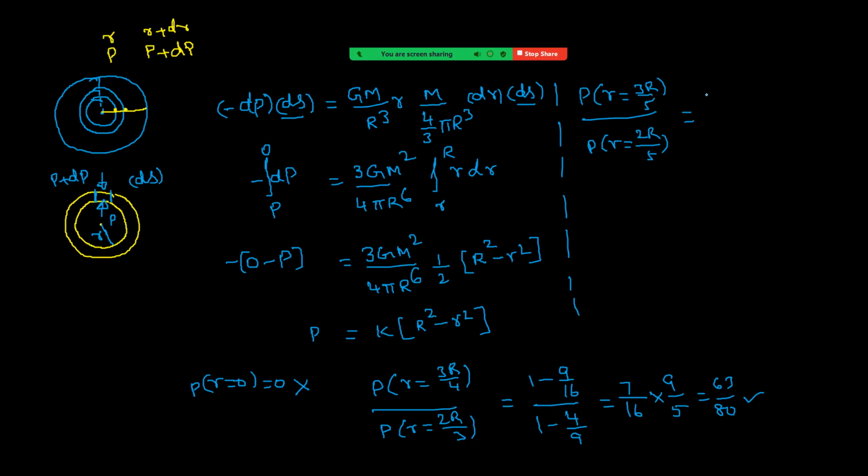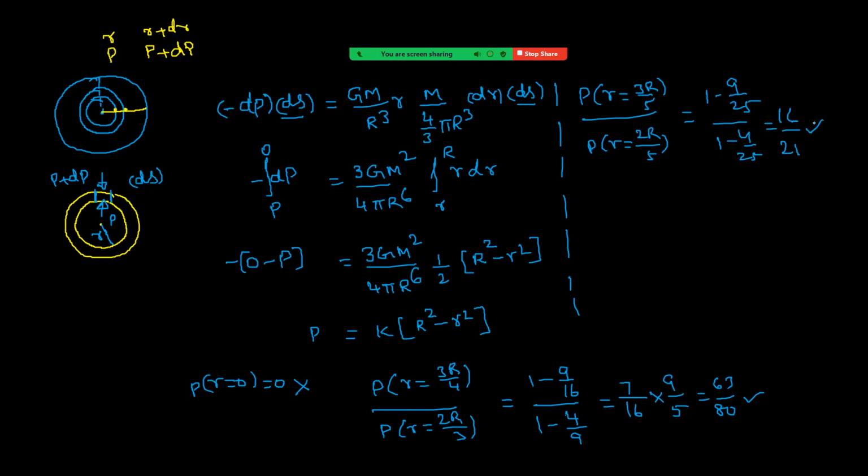Okay. So how much do we get? 1 minus 9 by 25, 1 minus 4 by 25. 25 minus 9, 16. 16. And this is now 25 minus 4, 21. So option C is also correct.